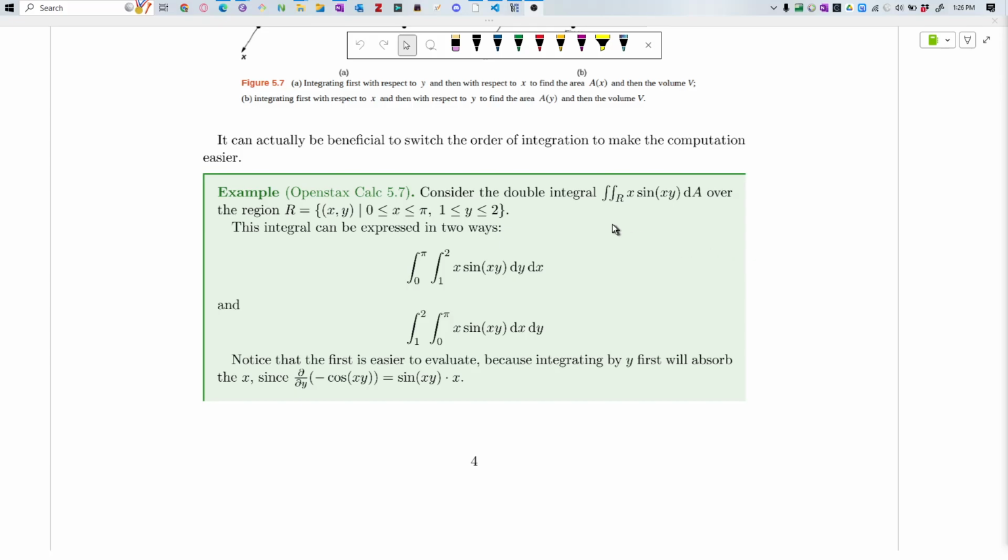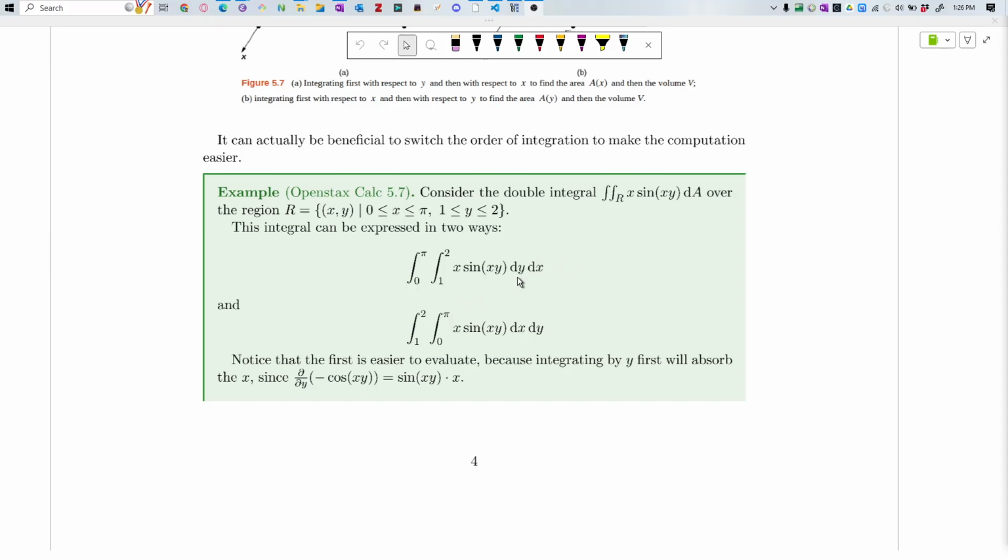So consider this example. You have the double integral of the function x times sine of xy, integrating over this rectangular region. So x varies from 0 to pi, y varies from 1 to 2. If you write this as an iterated integral, you can do it in two different ways.